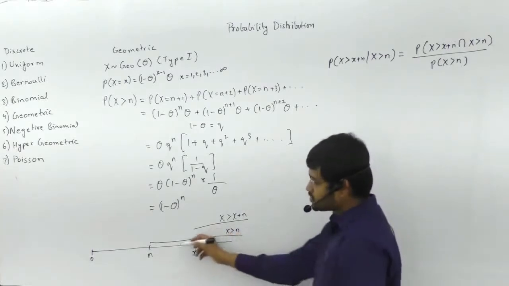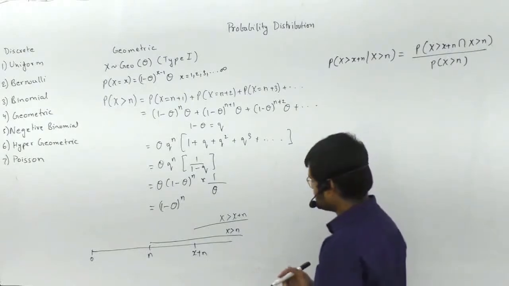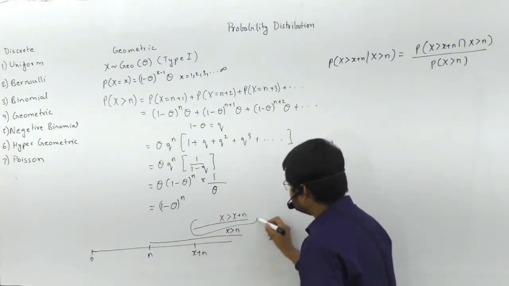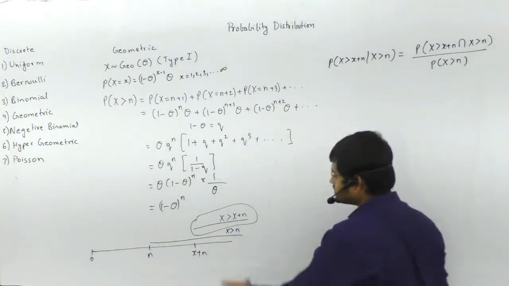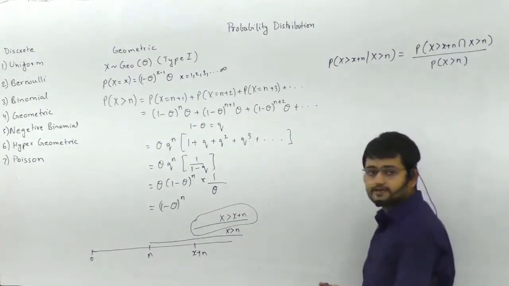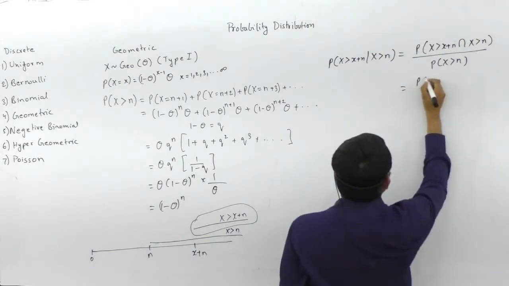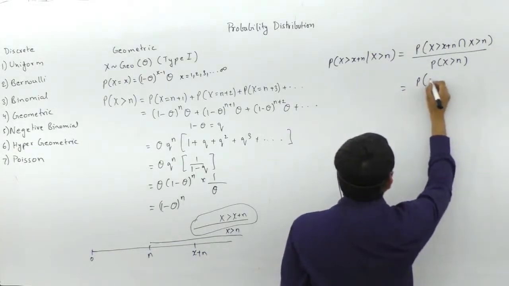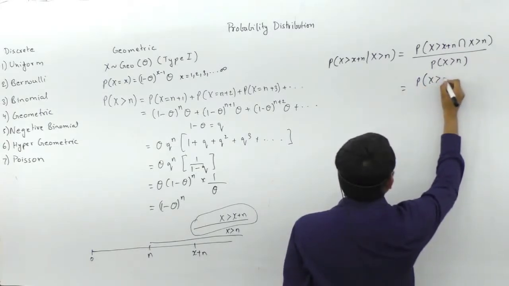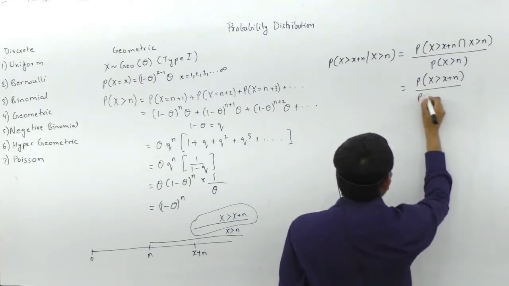Now what is common between them, or what is the intersection that we need to find? This particular term is nothing but common to both of them. So x greater than x plus n is the intersection, or you can say that any value that is greater than x plus n will also be greater than n.